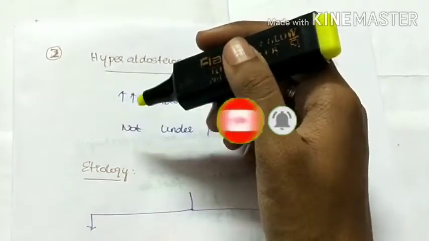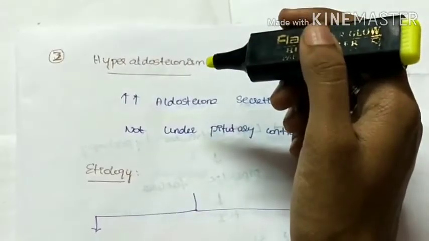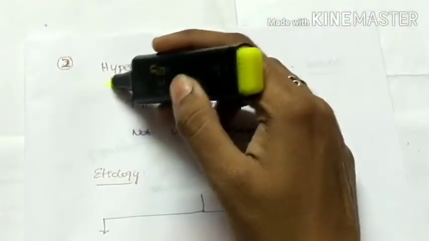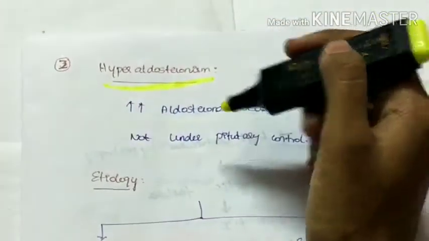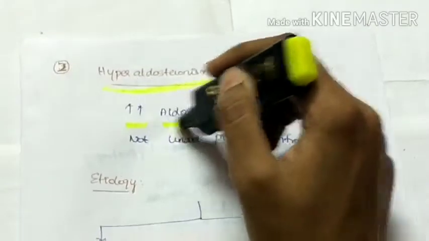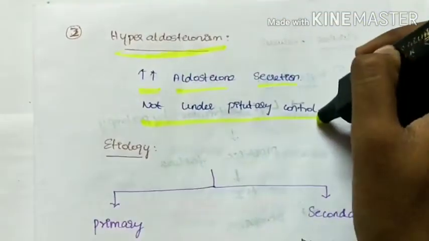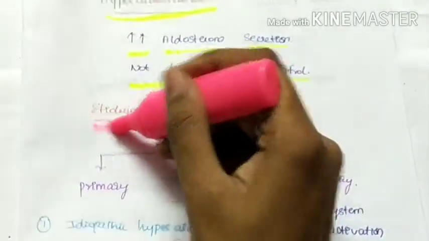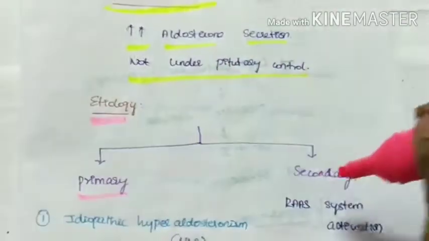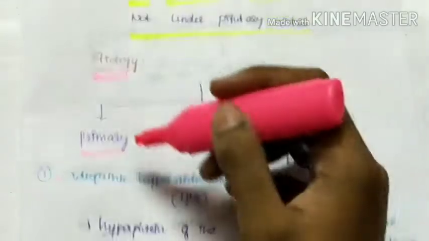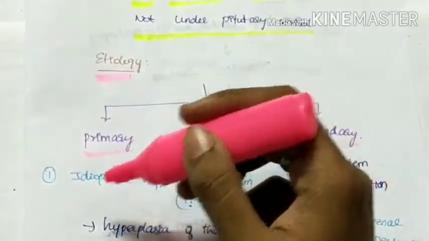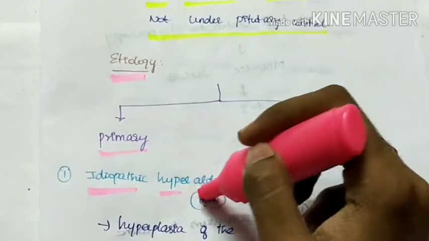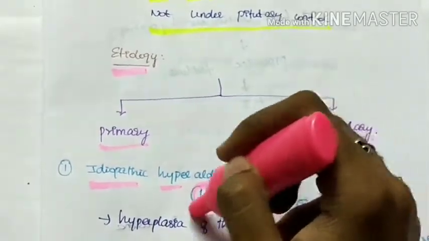Previously we saw about the hypercortisolism, which is the Cushing syndrome. Now let's see about the hyperaldosteronism. So here there is increased aldosterone secretion which is not under the control of pituitary. Etiology for hyperaldosteronism can either be primary or secondary. Primary hyperaldosteronism is due to idiopathic hyperaldosteronism, IHA.